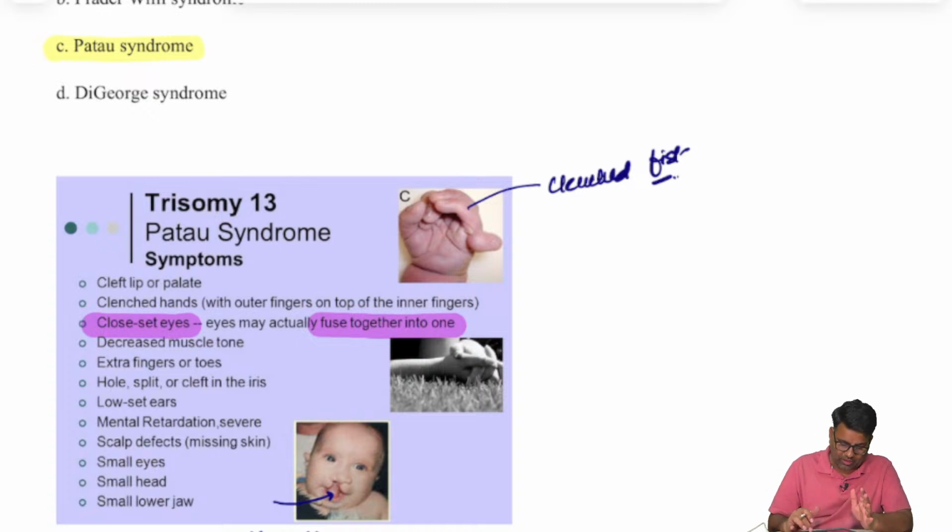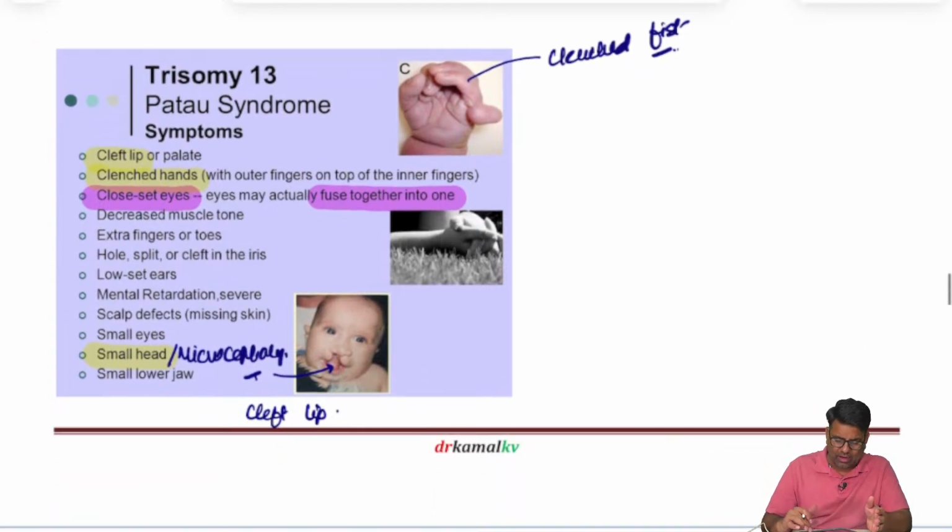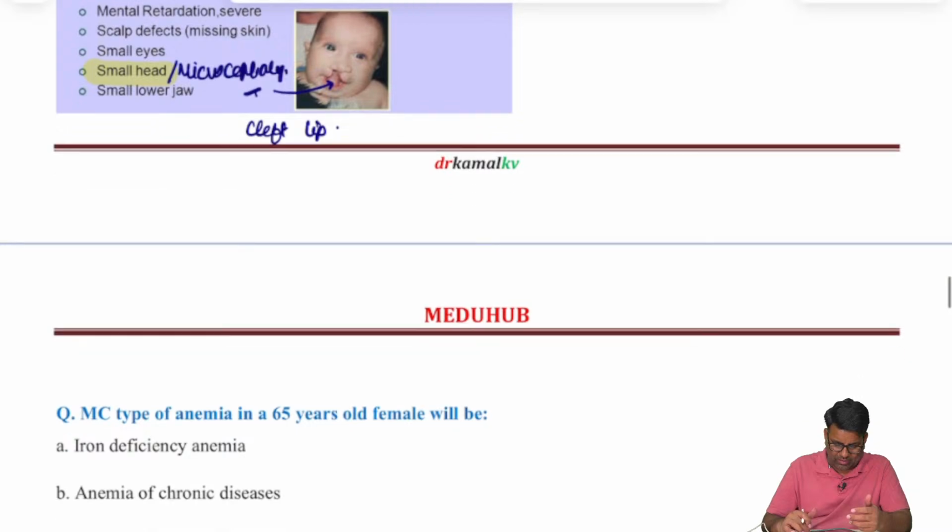So this is very important, right? And then you can have cleft lip, clenched fist, or small head. This is micro. Carefully, right? So you don't have to memorize each and everything. Just take the important keywords sufficient to make a clinical diagnosis.